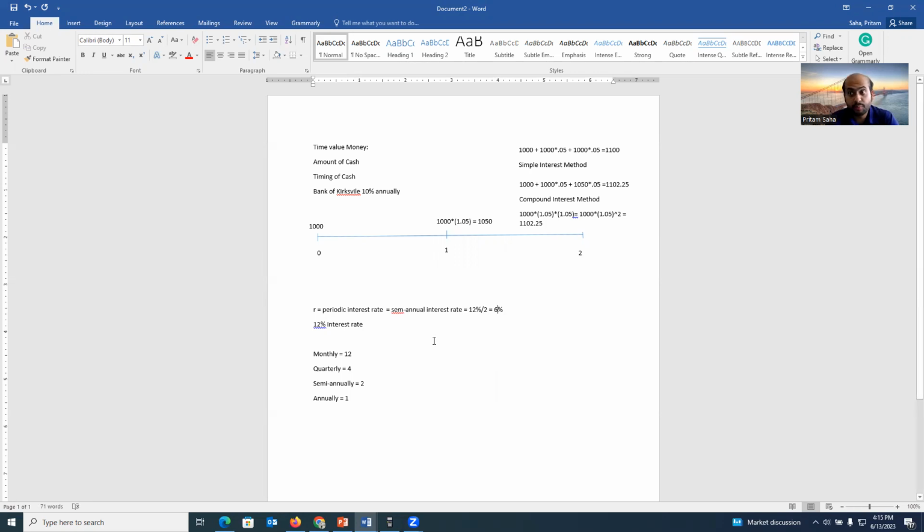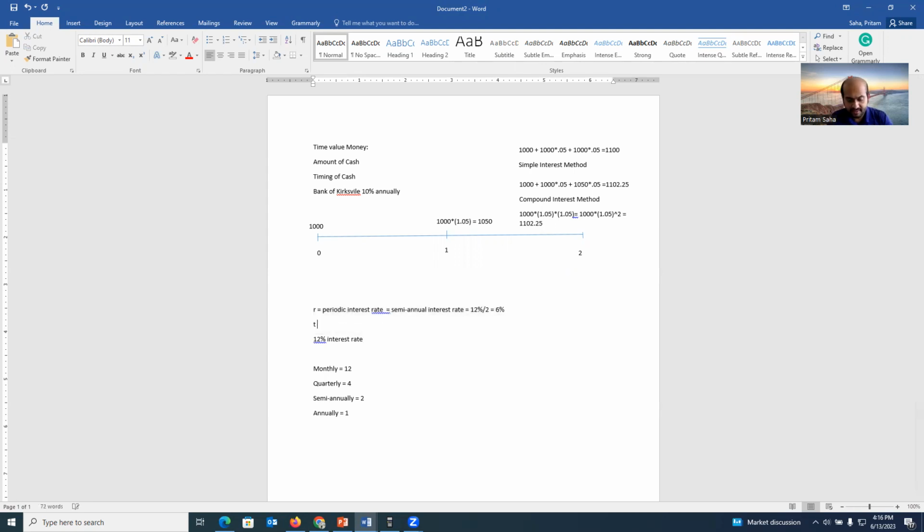So R means periodic interest rate. If not explicitly mentioned, interest rate is always mentioned on an annual basis. And you have to understand from the problem whether the frequency is monthly, semi-annually, quarterly, or annually, and adjust the interest rate accordingly, okay?